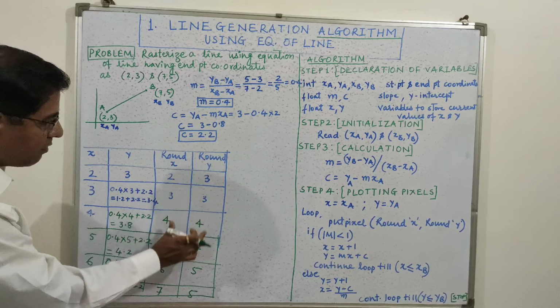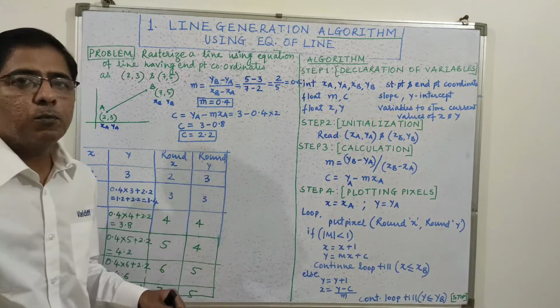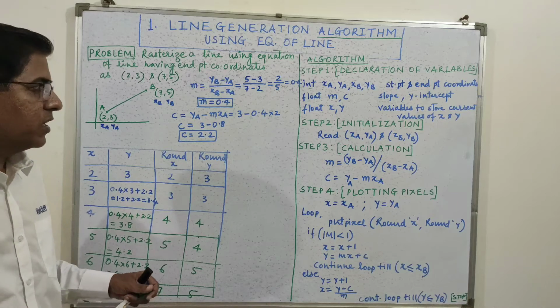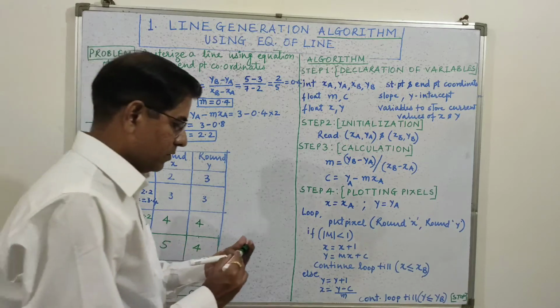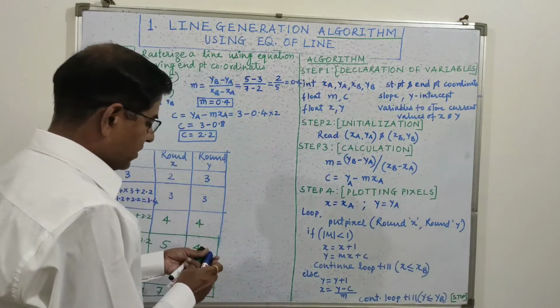Now we have obtained the values of x and y, so those values will be plotted on a raster screen. Okay, so we'll make the raster screen here.